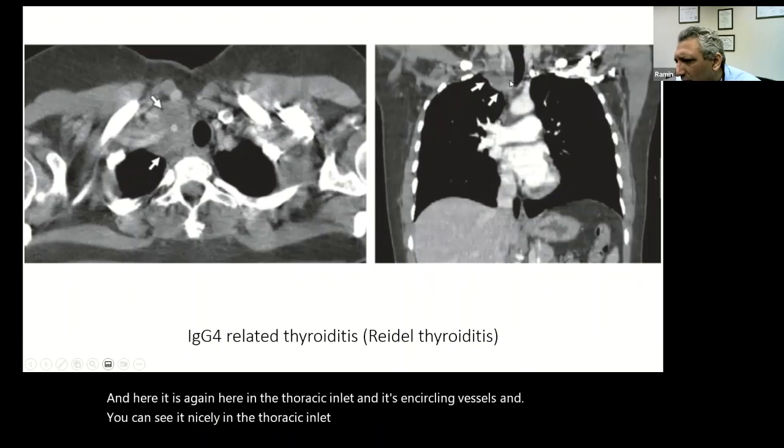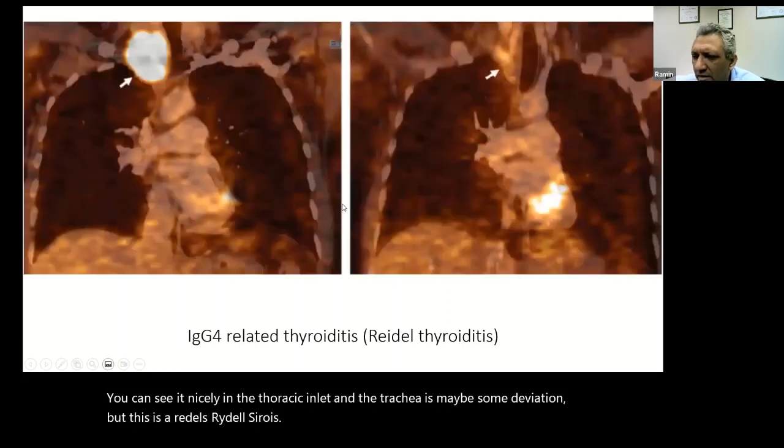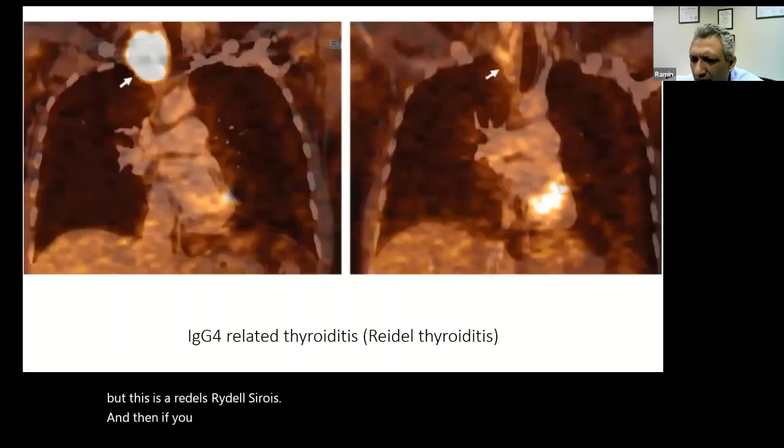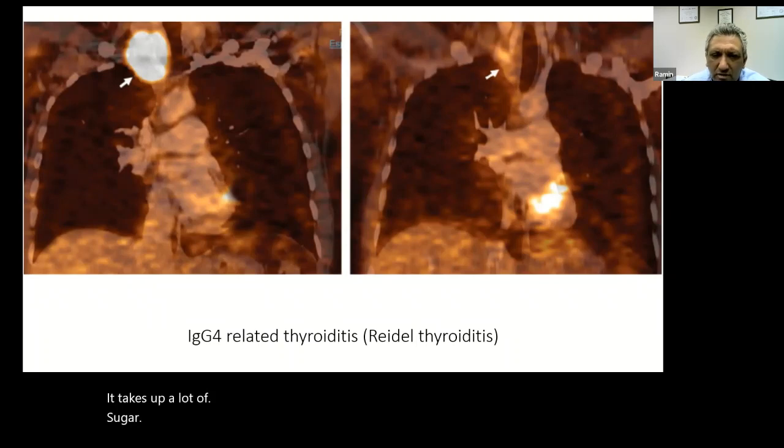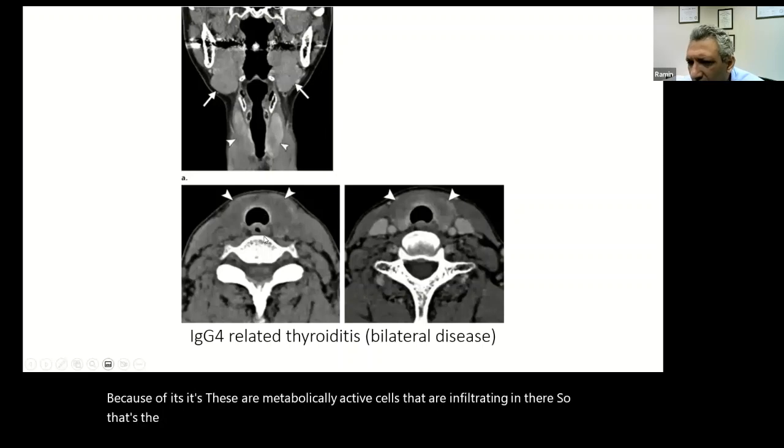The trachea has maybe some deviation, but this is Riedel's thyroiditis. And then if you do an FDG PET, it takes up a lot of sugar because these are metabolically active cells that are infiltrating in there. So that's the thing. And here it is in the thyroid gland.